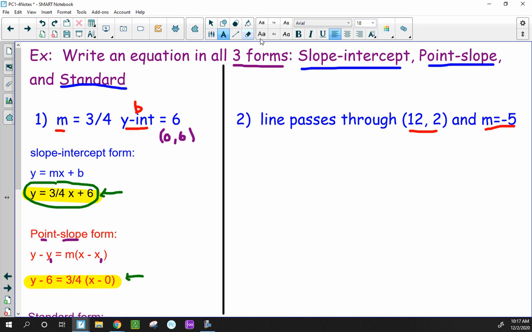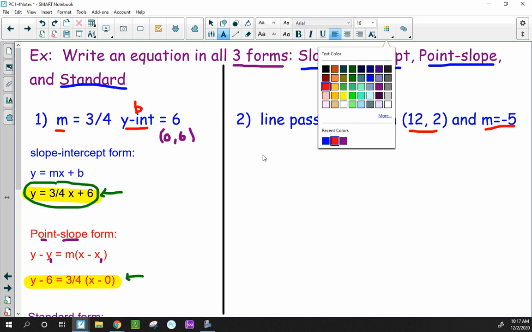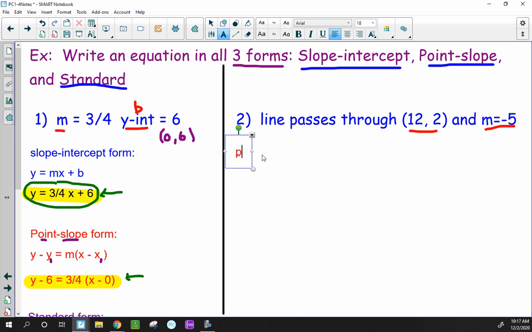So on number 2, I'm going to choose to start with point slope, just because I already have the information I need. Okay, so y minus the y coordinate in this problem appears to be 2, so we're going to stick a 2 there.